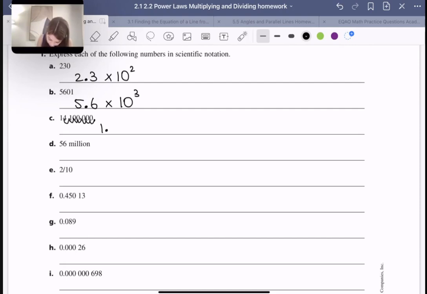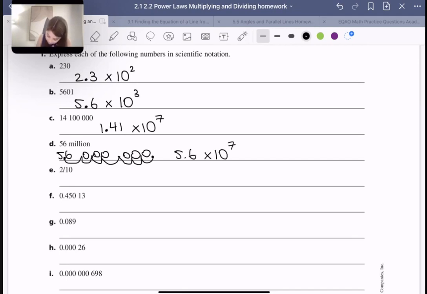So we're going to get 1.41 times 10 to the power of 7. Awesome. Now we have 56 million. So if we write that out like this, we would have to move it over 1, 2, 3, 4, 5, 6, 7 times, right? So we get 5.6 times 10 to the power of 7.